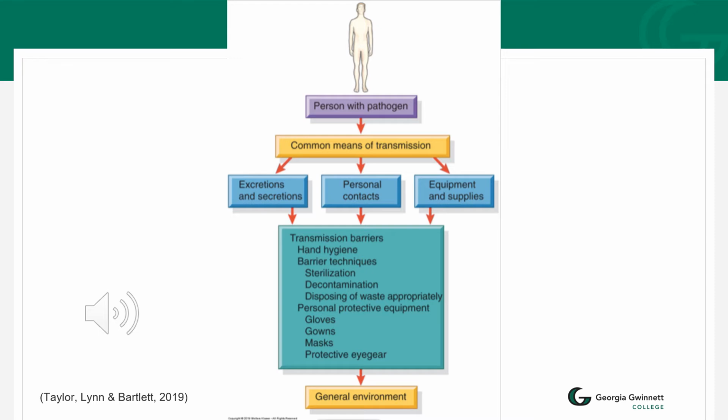So look here in the diagram: hand hygiene, personal protective equipment. This is a really nice picture, again, demonstrating how those barriers break that infection cycle. And you, again, as the nurse, need to understand these barriers and these precautions so you can keep your clients and yourself safe and minimize the risk of infection to control the infection process.